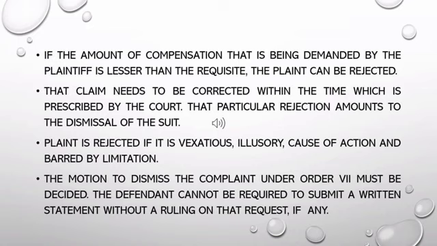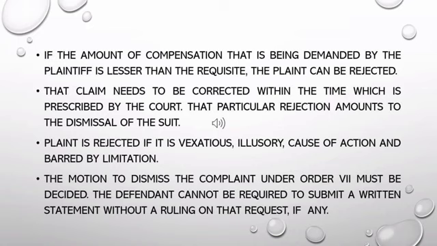A plaint is rejected if it is vexatious, illusory, has no cause of action, or is barred by limitation. When a plaint is rejected for insufficient cause of action or being barred by limitation, the dismissal of the complaint under Order 7 must be decided.